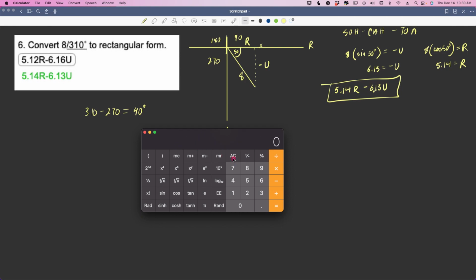So even if you use the 40, you'd still get 5.14. So 50 cosine, oh, but you'd be getting 5.14 for here, not for here, because they would be flipped, times 8. Yeah, you would have just gotten the opposite numbers if you had flipped it.